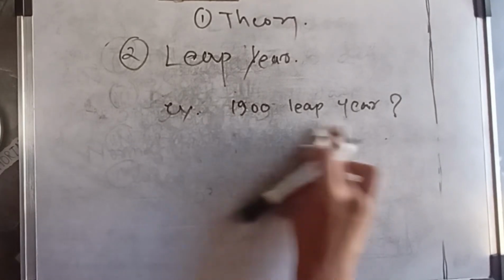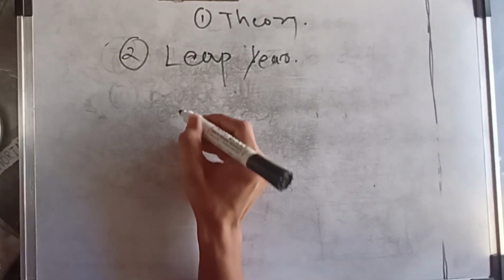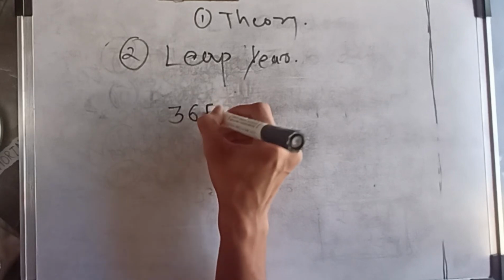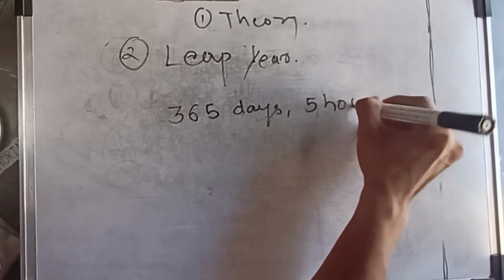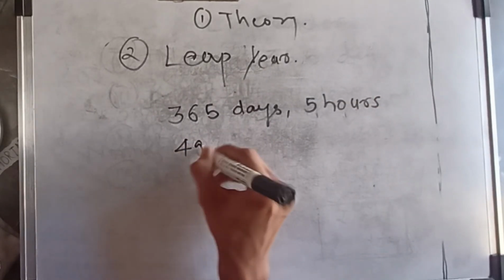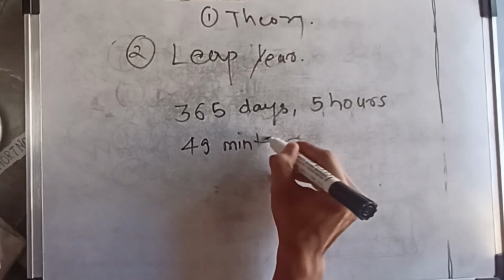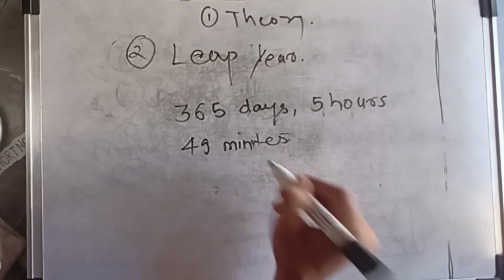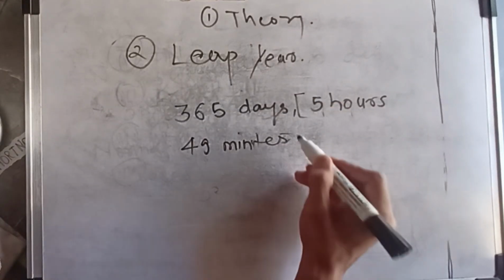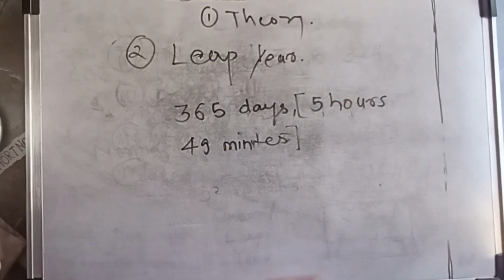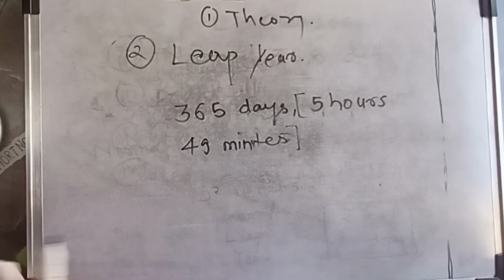The reason behind this is that a normal year is 365 days, 5 hours and 49 minutes. We will exclude the 1.1 seconds. These 5 hours and 49 minutes make a huge difference when it comes to 100 years, the century years.